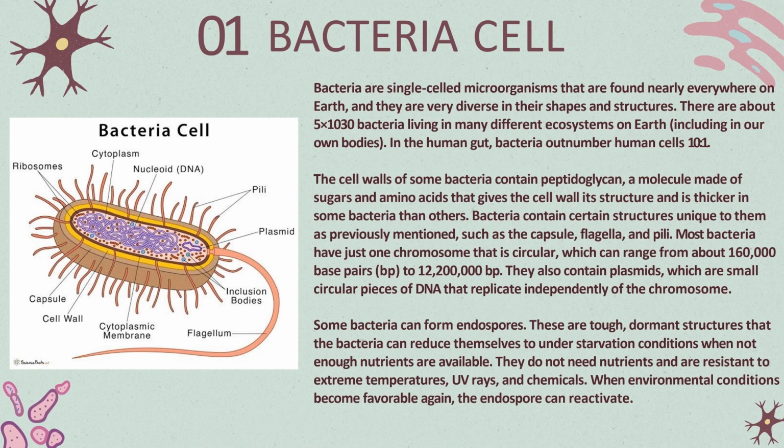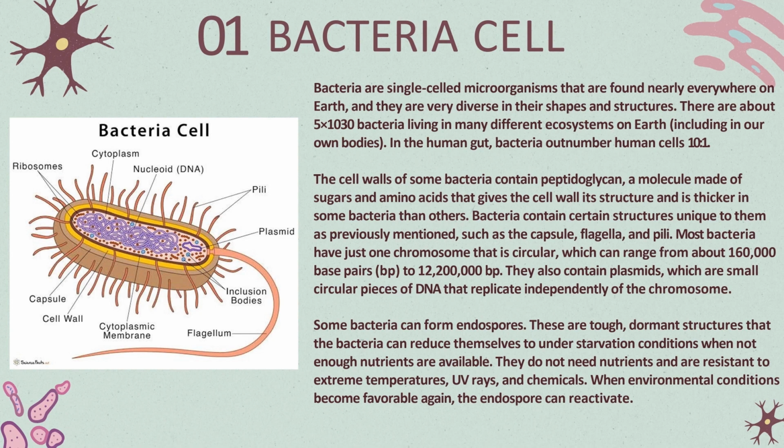The cell walls of some bacteria contain peptidoglycan, a molecule made of sugars and amino acids that gives the cell wall its structure and is thicker in some bacteria than others. Bacteria contain certain structures unique to them, as previously mentioned, such as the capsule, flagella, and pili.